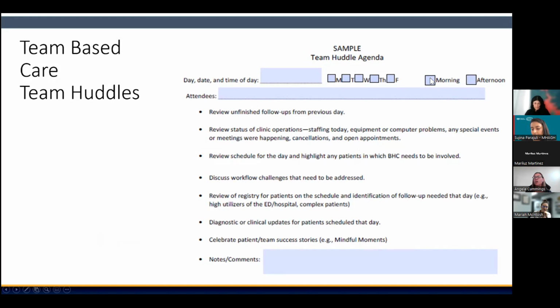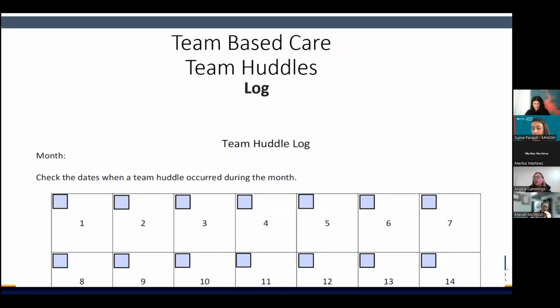This is meant to be really fast, really easy to fill out, but helping you track that data so that you can go back and have your proof that it happened, right? This is your data. And then the log here is a little bit different. This could be a calendar: what days of the week did you actually have a team huddle during that month?